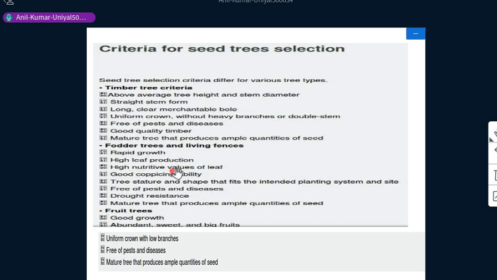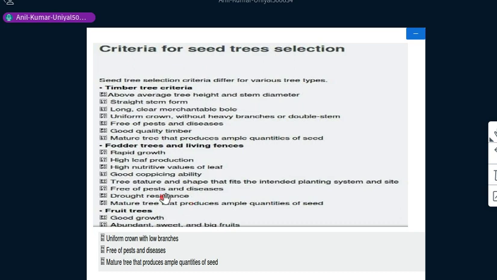Then high leaf production should be there. High nutritive value of leaf should be there, as it is the utmost desirability of fodder trees. Then good coppicing ability should be there, as the new shoot or new epicormic shoot should emerge as rapidly as possible. Tree structure and shape should fit the intended planting system and site.